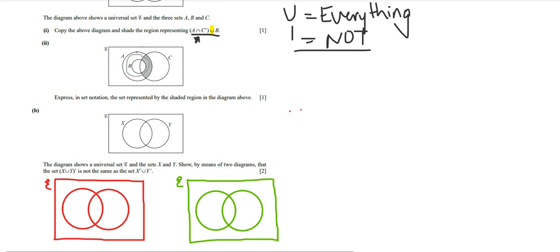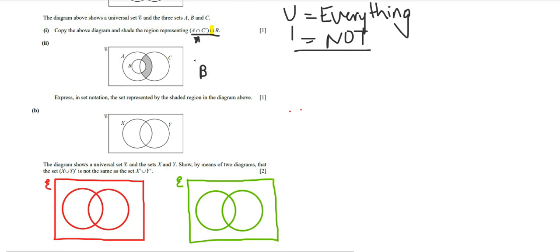We know this region here is intersecting with C, isn't it? So that must be the expression we're looking for. So I'm just going to go ahead and write it.